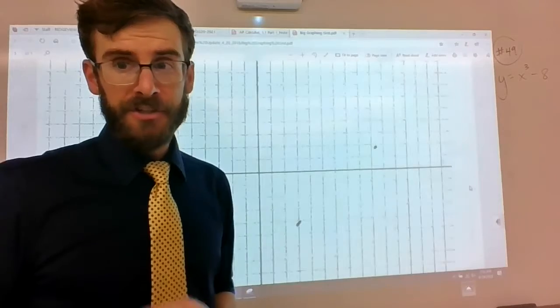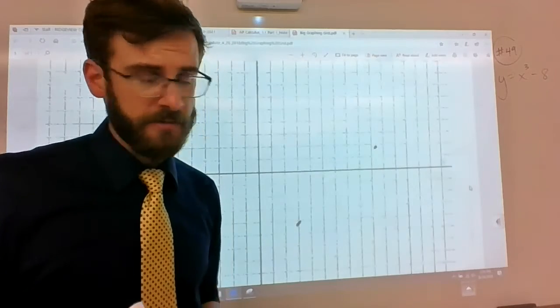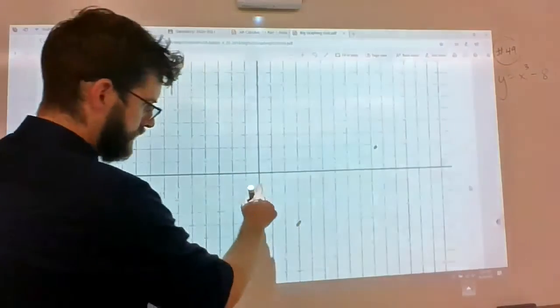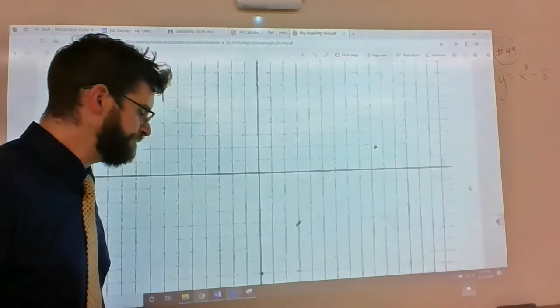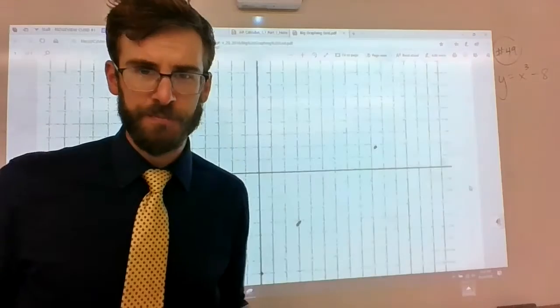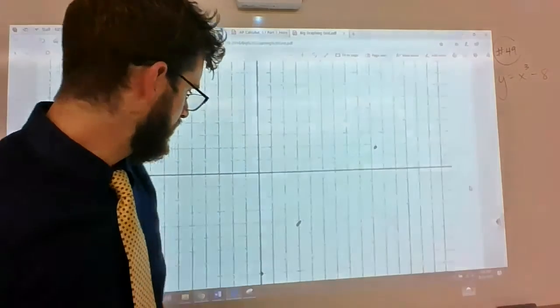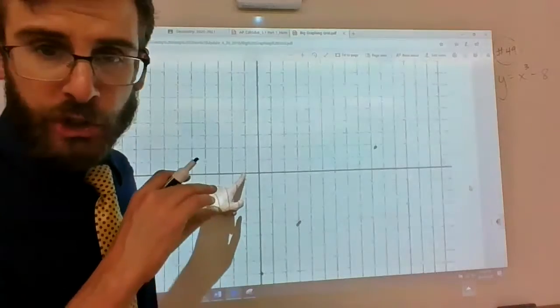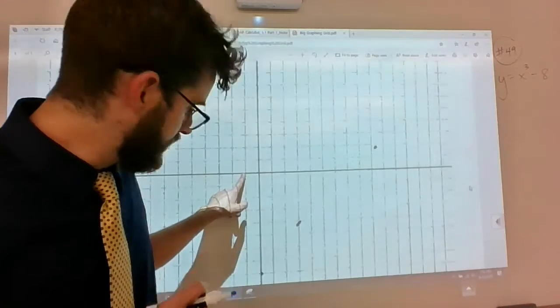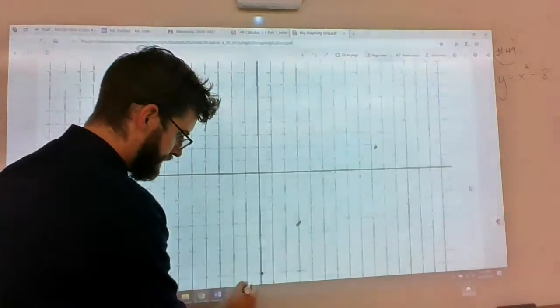All right? So this is shifted down 8 units because of the minus 8. 1, 2, 3, 4, 5, 6, 7, 8. From there, you can just plot some points. So if you plug in -1, you get -1 cubed, which is -1 minus 8, all the way down to -9.